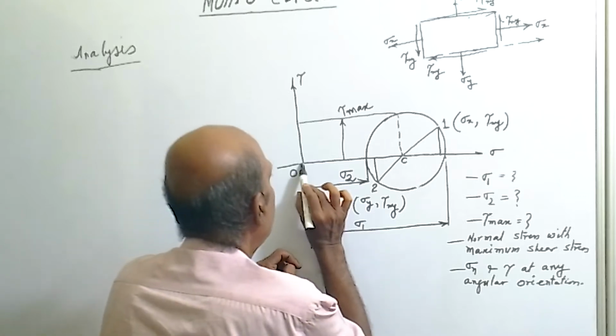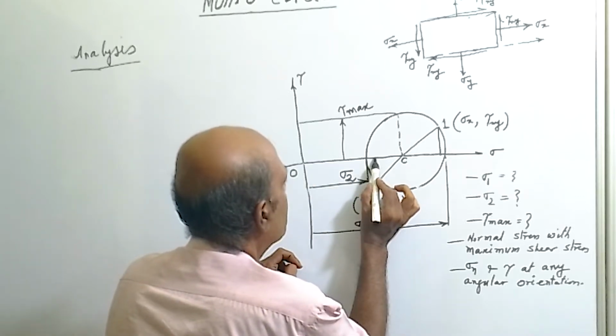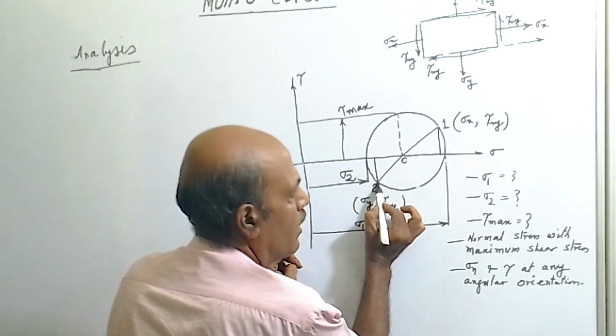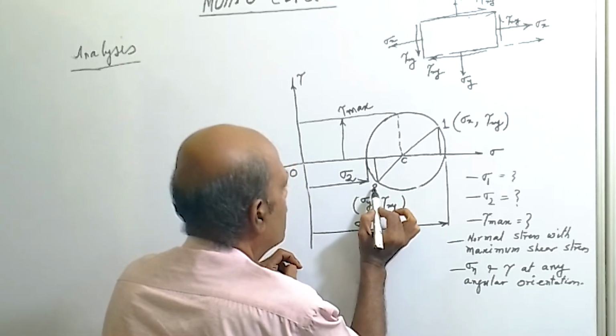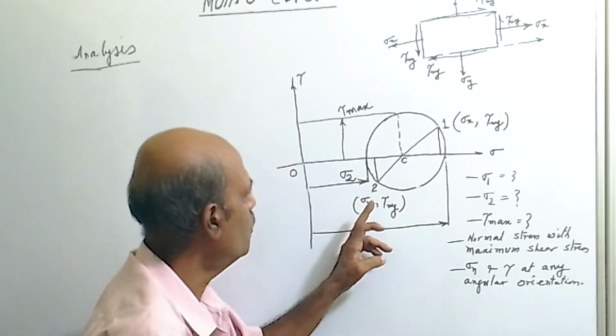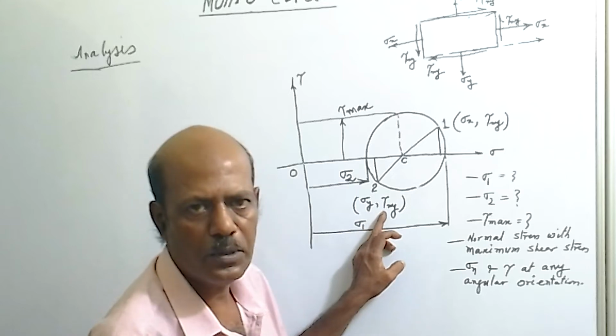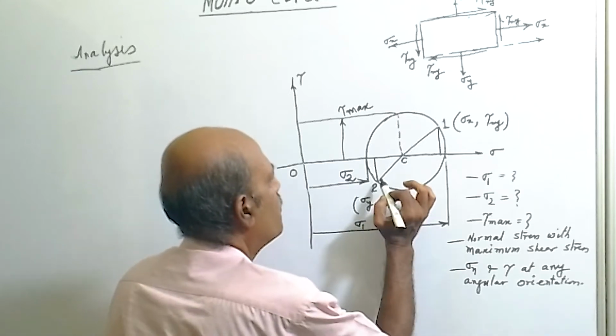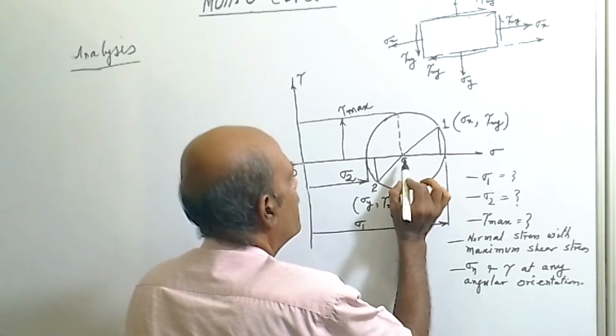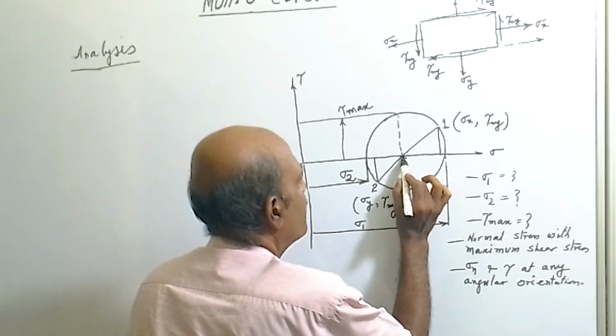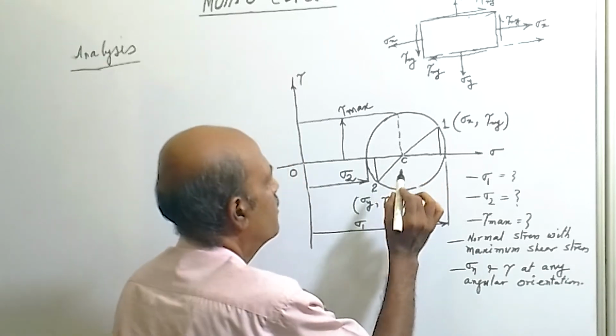So from origin we have measured the distance sigma y and tau xy. So we have got these 2 points. Point number 2, that is sigma y, tau xy. Now join these 2 points, so it will intersect at sigma axis at this point.